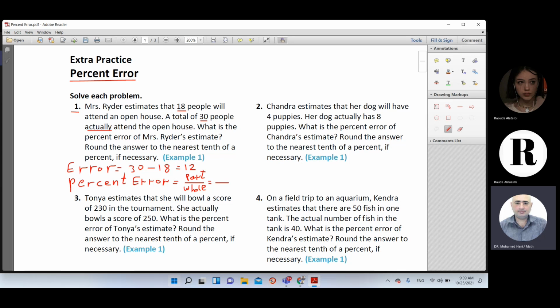The part means the error. The error will be 12, so we can write here 12. The whole means the actual value, the more real value. We have 18 and 30, but 30 is more real than 18. So take the original amount, so 30.